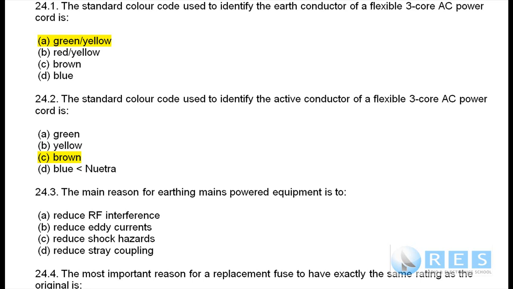I can spell, it's typing I can't do. The neutral is blue, the active is brown, and the earth is green, yellow. The active should always have a switch in it, and the active should also have a fuse in it as well.